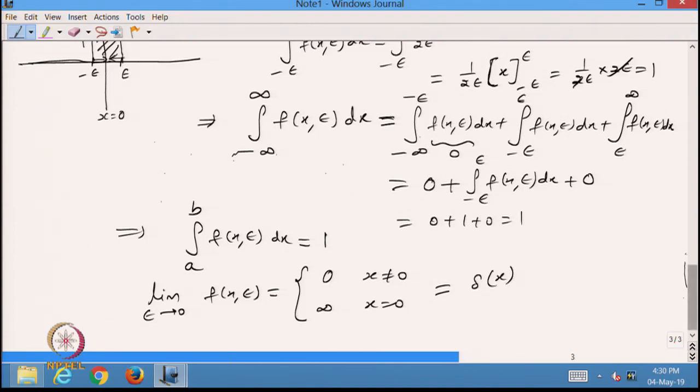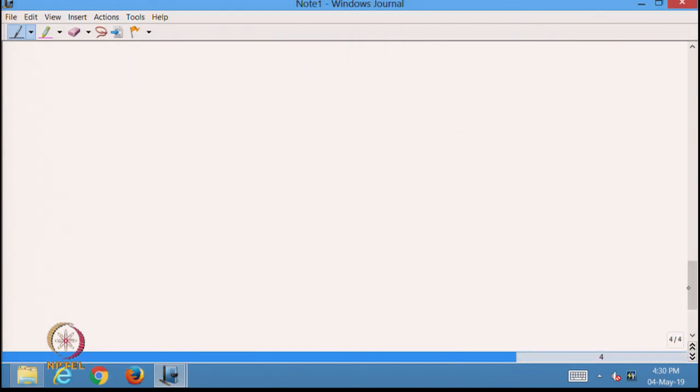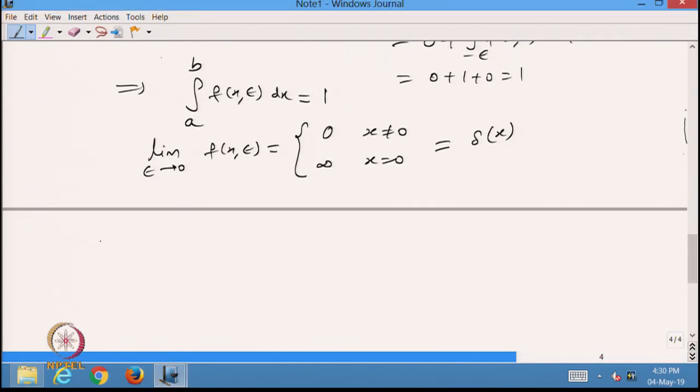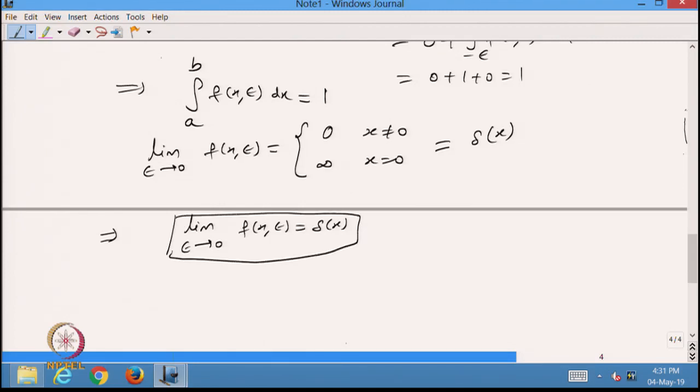So the limit epsilon tends to 0 of f of x epsilon is equal to the Dirac delta function. This is the definition of the Dirac delta.